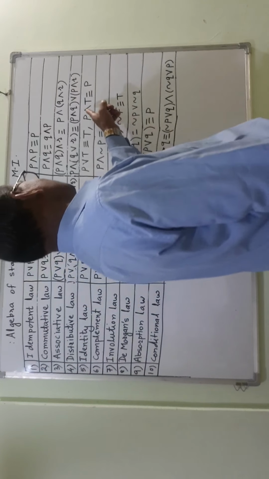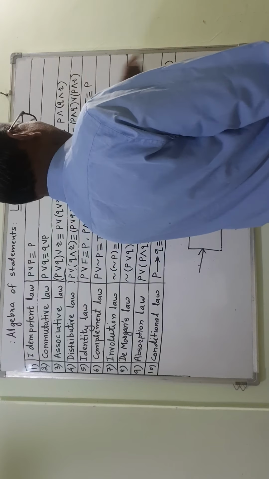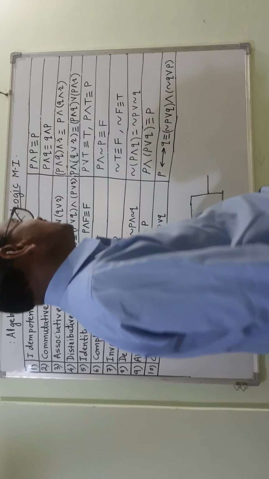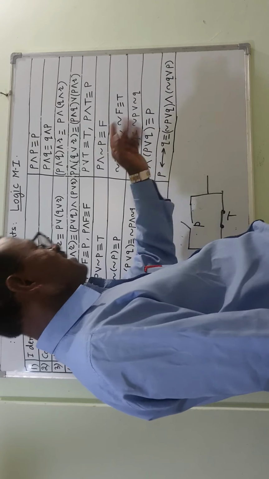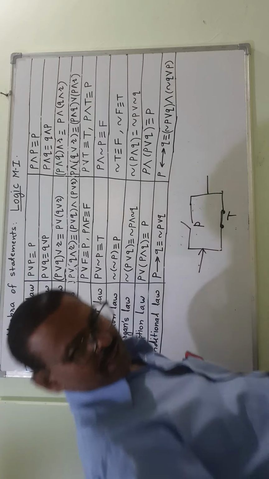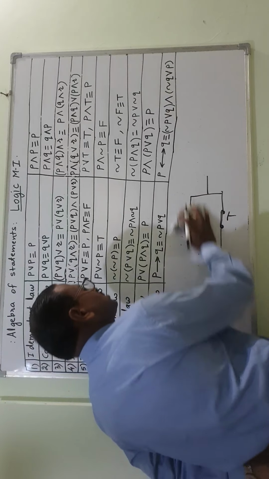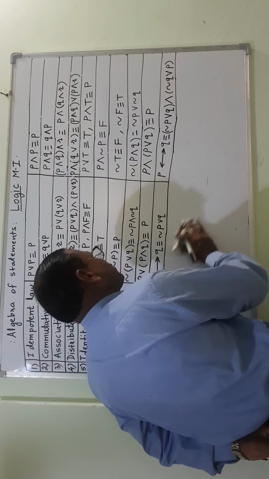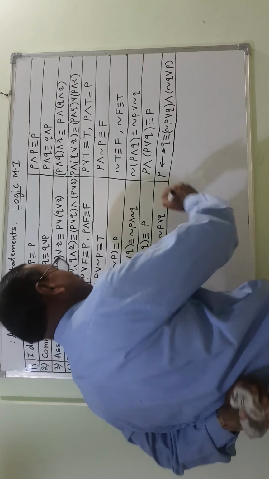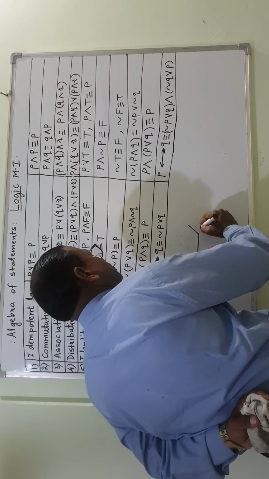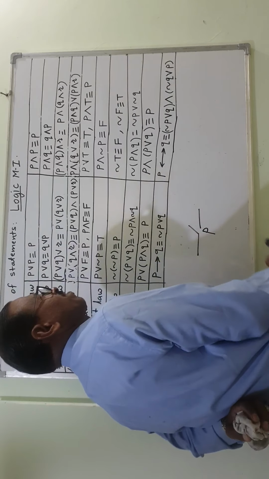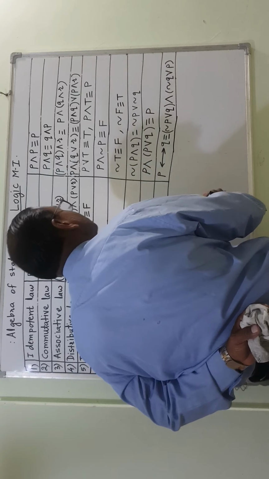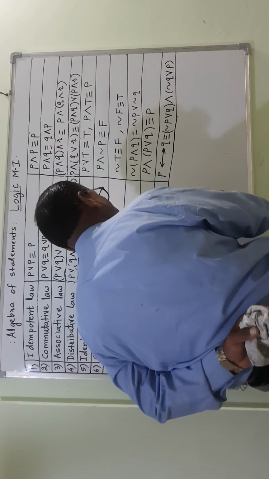Now this P and T. In series circuit, P and T means I will join the switch in series and I will try to see how it will look. This is P switch and this is a true switch.